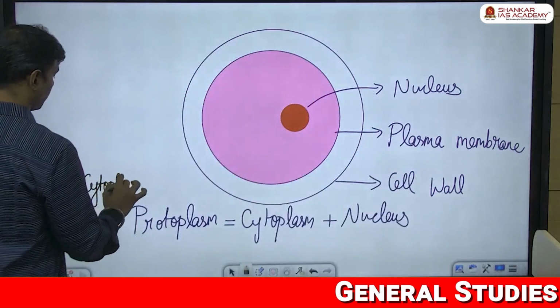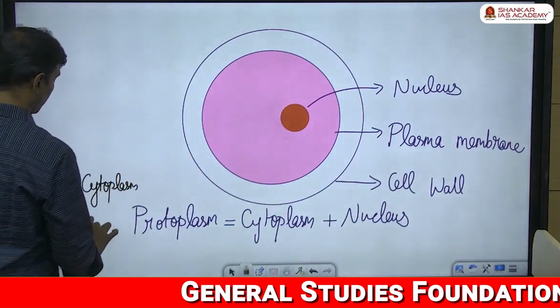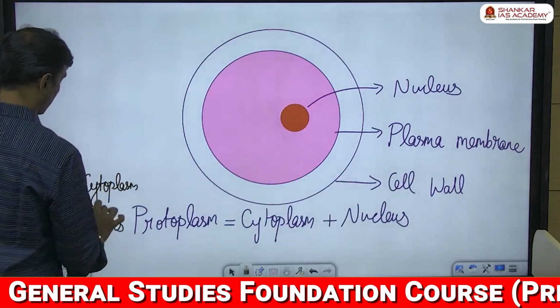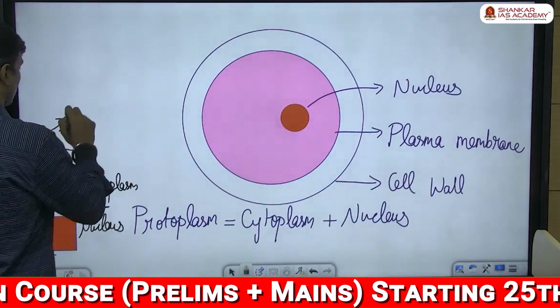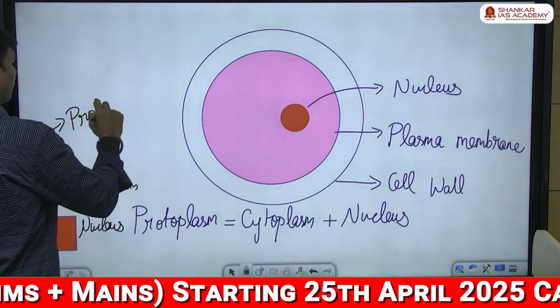This is cytoplasm. This color is nucleus. Both of them joined together, the combined one, is called protoplasm.